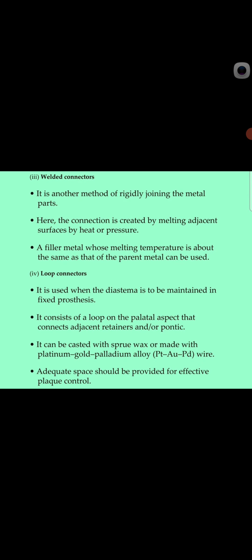Now come to the types. There are four types. The first is the loop connector. In the loop connector, we make a loop and the connector is placed between pontic and retainer on the palatal mucosa. It is used when the diastema is to be maintained in the fixed prosthesis. It consists of a complete loop of wire on the palatal aspect that connects adjacent retainer and pontic.